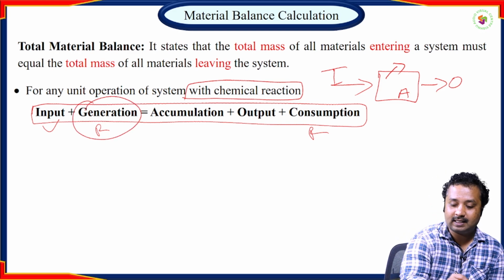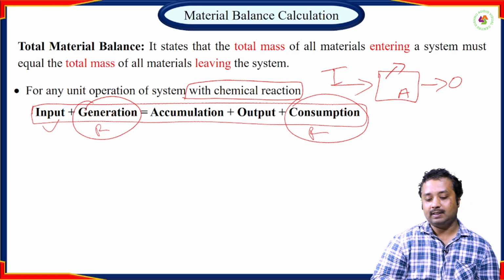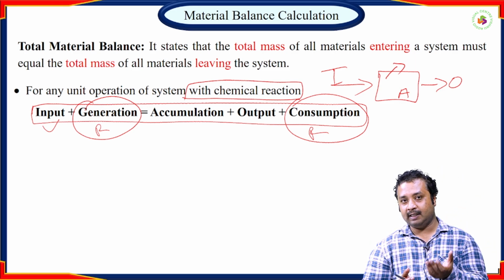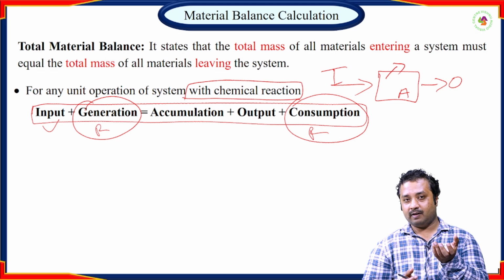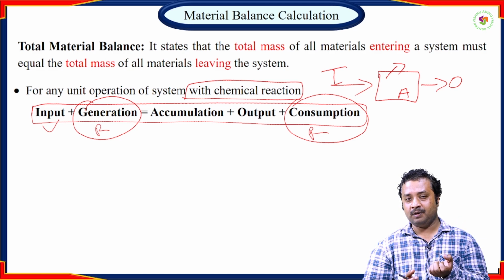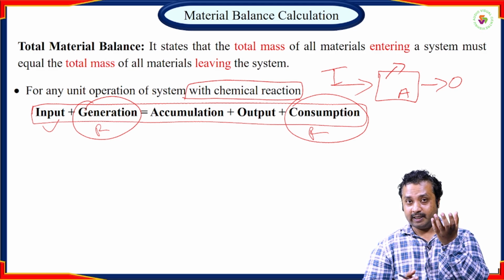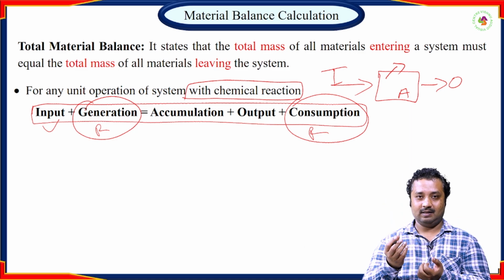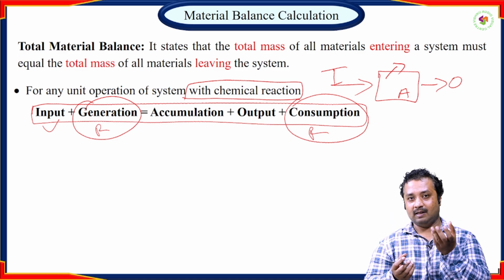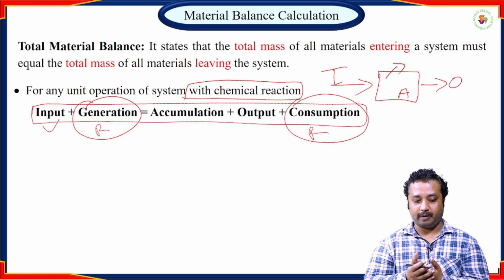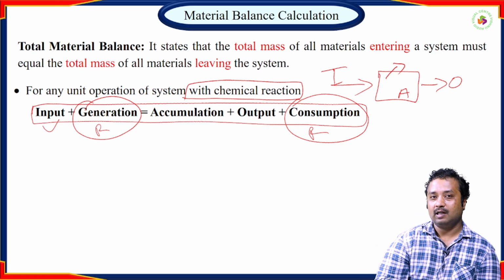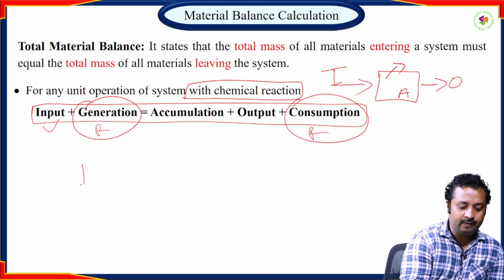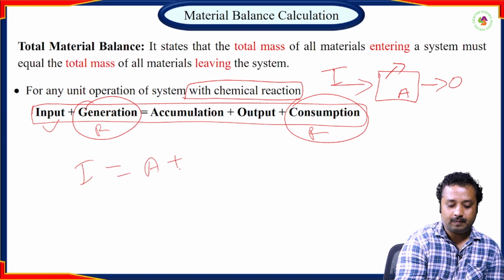These two terms, generation and consumption, will be considered when there is a chemical reaction, because as I discussed, the reactant mass will decrease and the product mass will increase. That's why we need to consider these two points. If there is no reaction, then we will have input is equal to accumulation plus output.